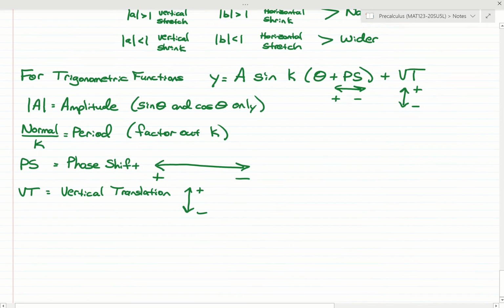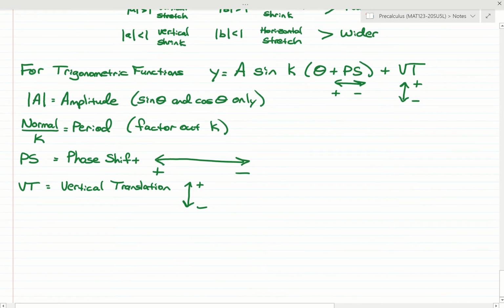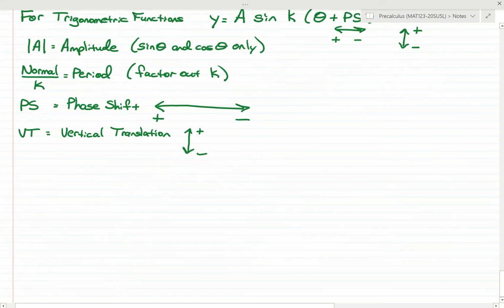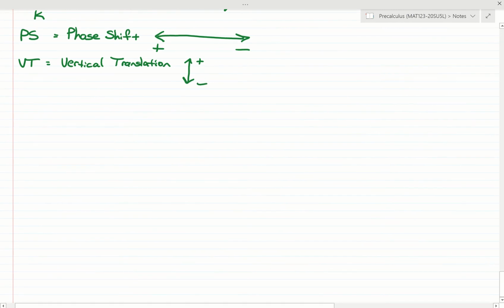So now let's take a look at 4 graphs. What we are going to do is find the amplitude, period, and phase shift, and then we'll practice graphing them. We'll write out the directions: state the amplitude, period and phase shift.